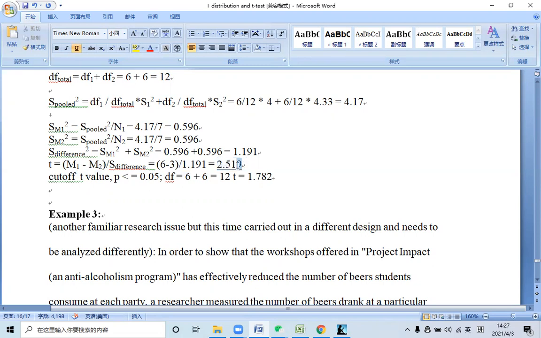The probability of getting a t-value larger than or equal to 1.78 is equal to or less than 5%. Our result is significant at the 0.05 level. This is why we reject the null hypothesis.